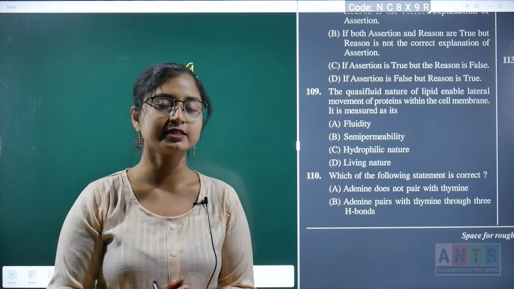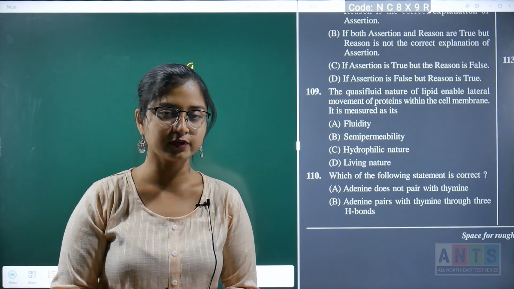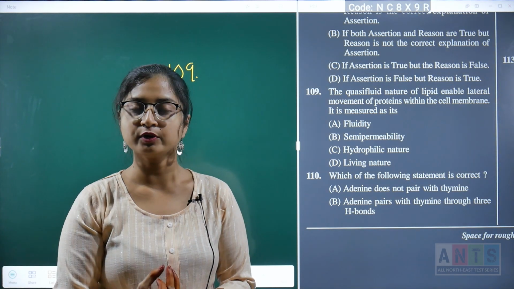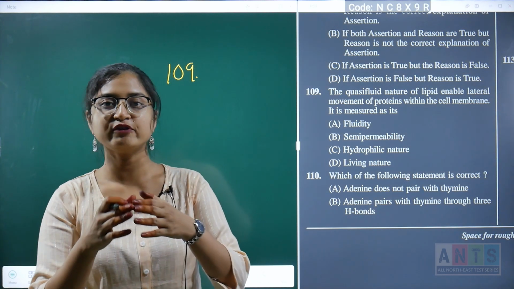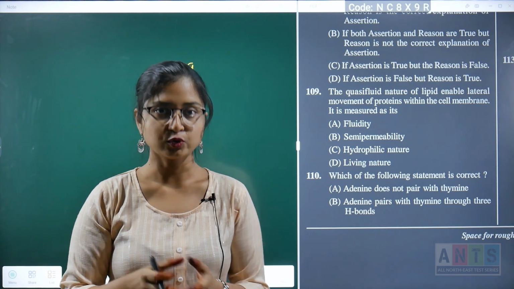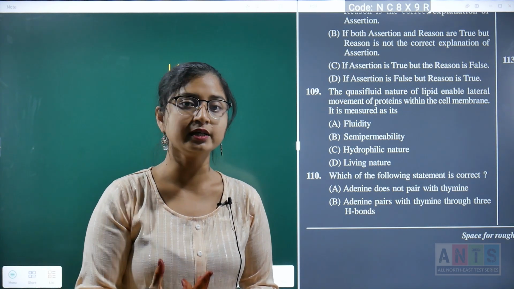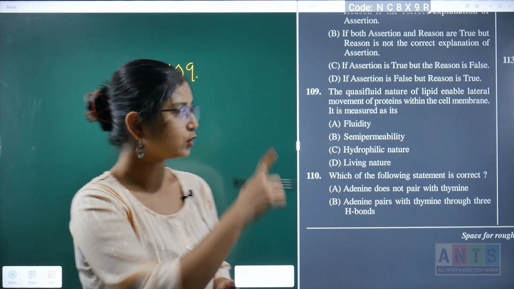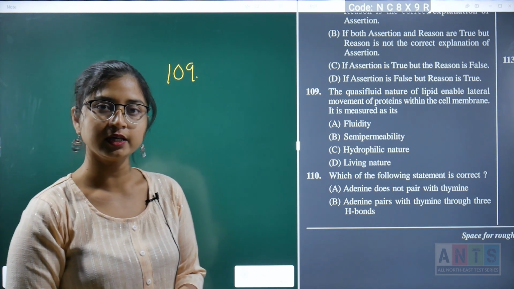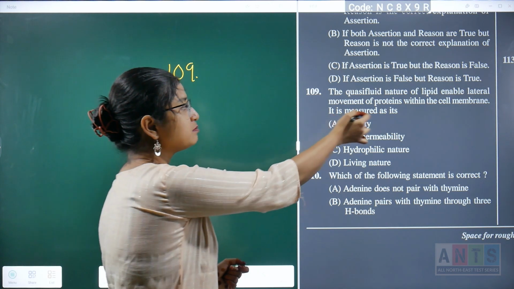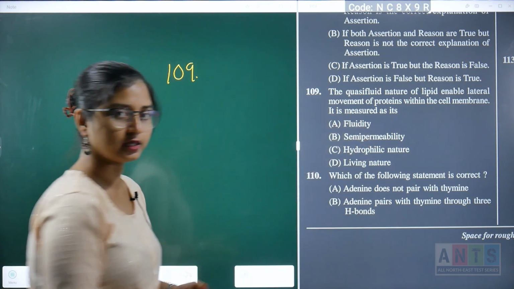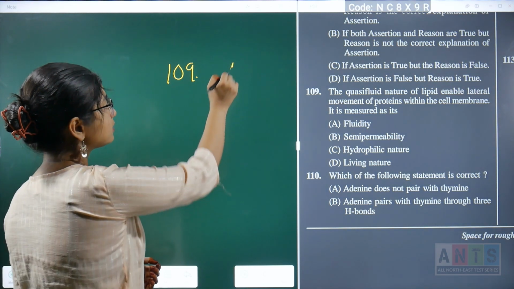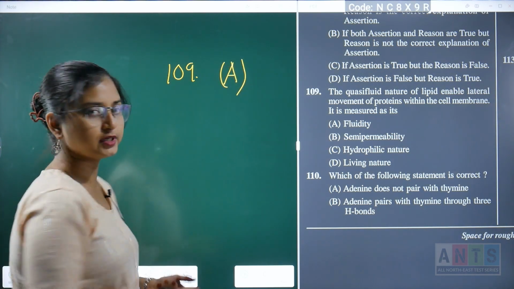As a result of this lateral movement, the overall membrane gets a fluid condition. It is not going to be a very rigid kind of membrane. So the fluidity quality of the plasma membrane is possible because of this particular quality. That is why it is measured as its fluidity. So 109, the correct answer should be option A, fluidity.